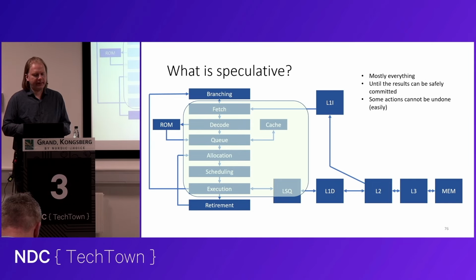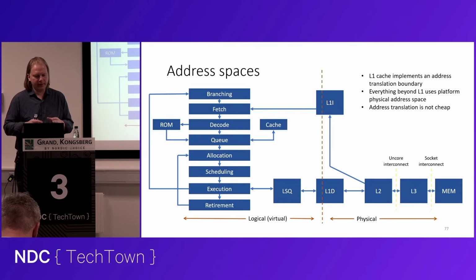However, quite a lot of that is speculative. In a sense, everything starting from fetching, decoding, and preparing for the execution is speculative, in the sense that it can be rolled back with mostly none of the externally visible effects.